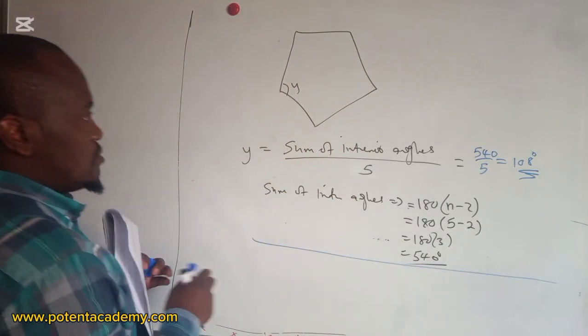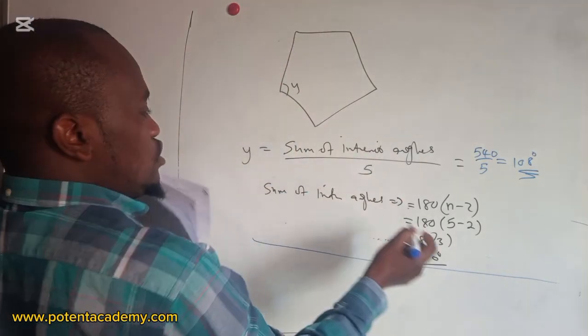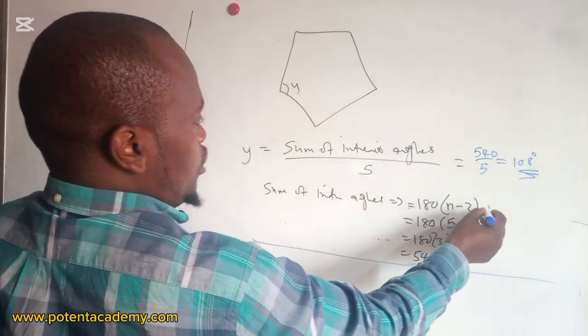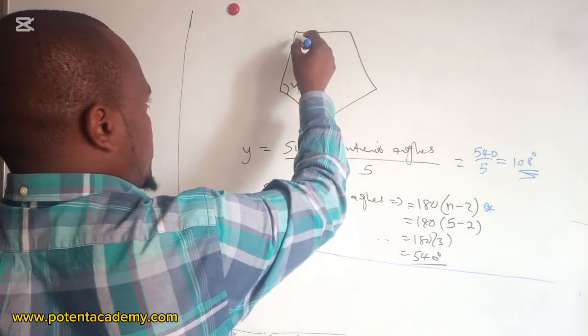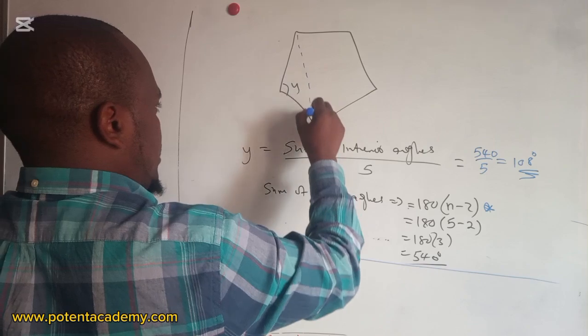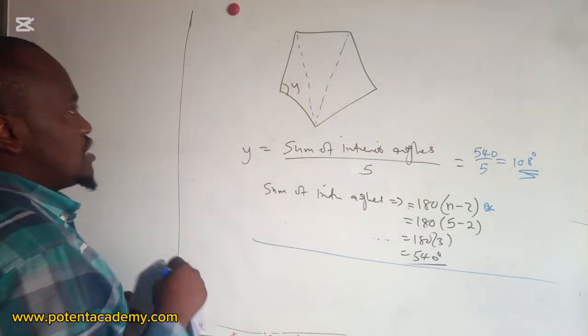Another method would be to divide the figure. If you do not know this formula, and I hope you do, it is important you know you can divide this and count the number of triangles in it.